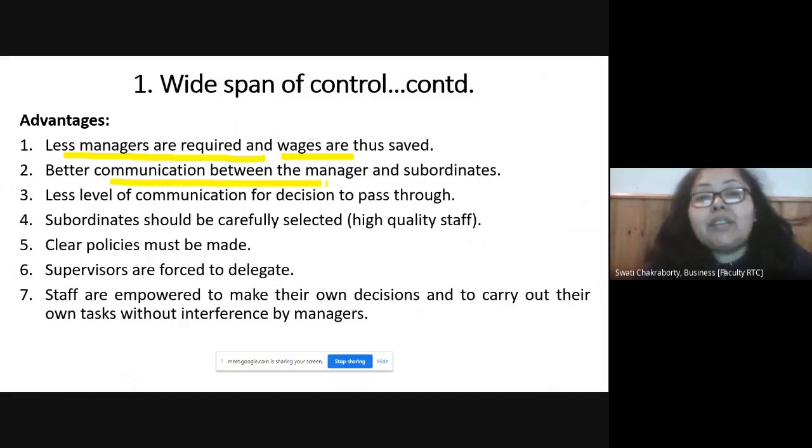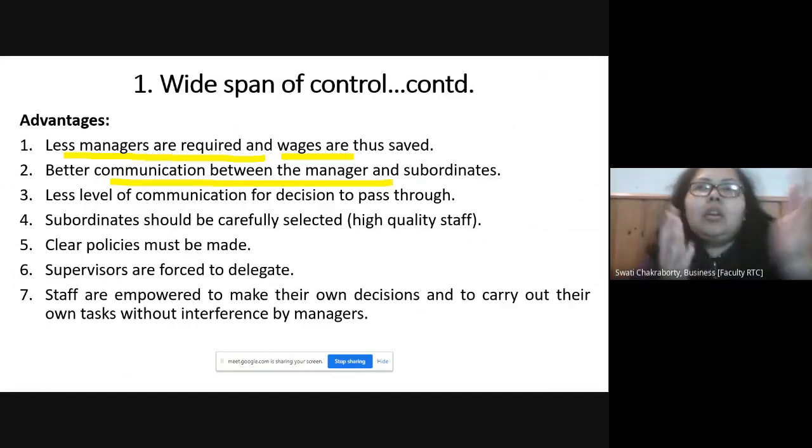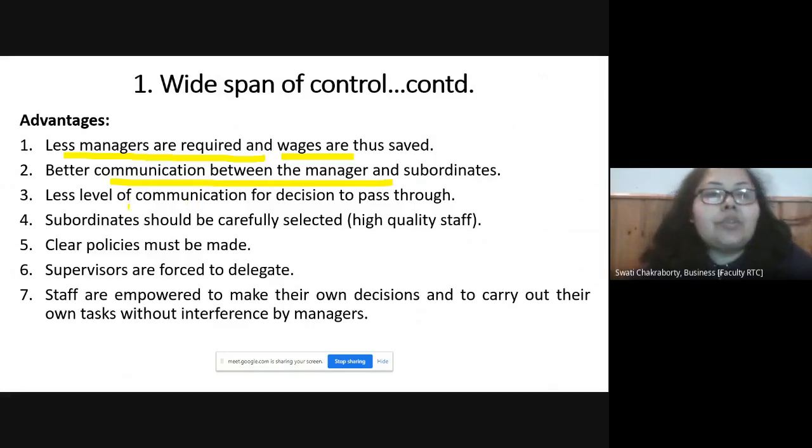Better communication happens between the manager and employee, with direct interaction rather than going through a middle level. Your employees can directly get in touch with you. So there are fewer levels of communication for decisions to pass through, and fewer levels of hierarchy means decisions can be faster. It does not percolate through multiple levels of hierarchy.